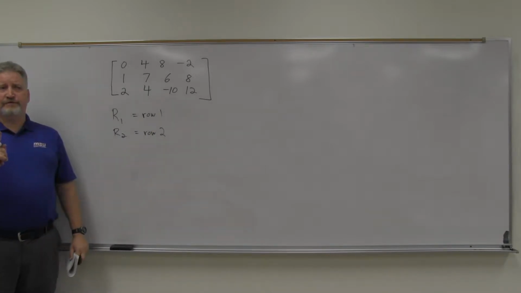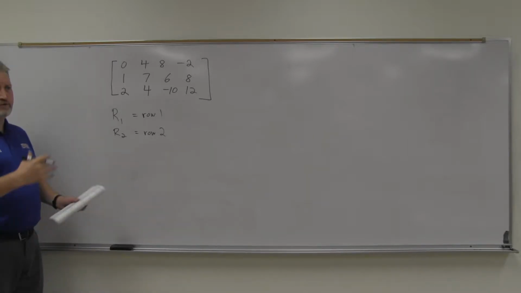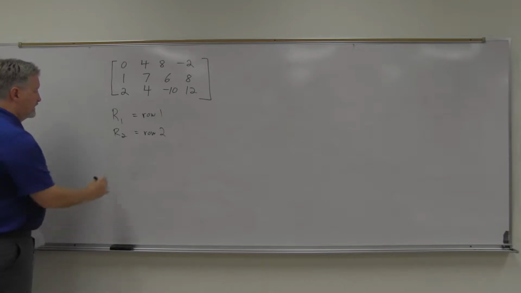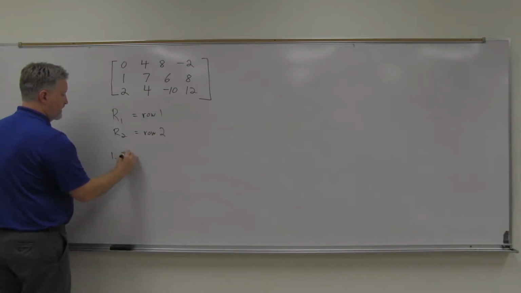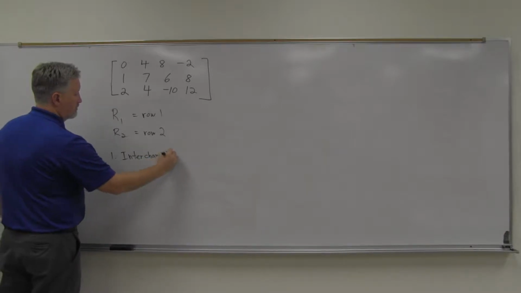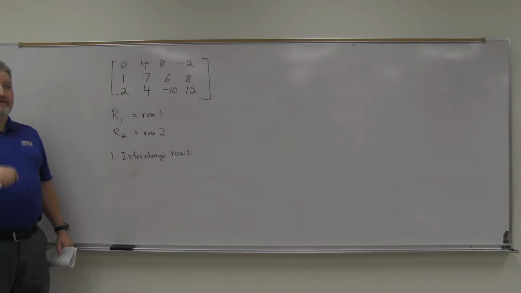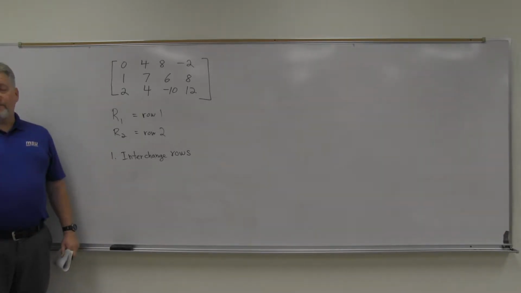One thing we can do with matrices is interchange rows without changing the values in the matrix, if you will. Keep in mind that what I'm going for is row echelon form.